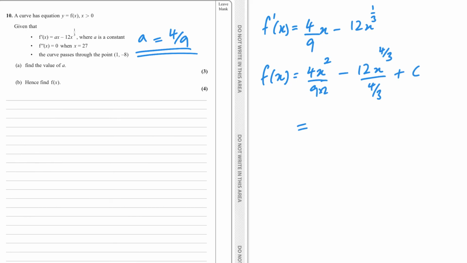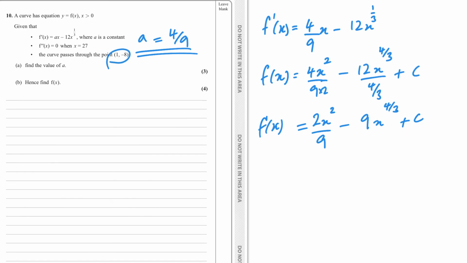So we've got 4 over 18, so that's going to be 2x squared over 9 minus, and then we got 12 divided by 4 and then multiplied by 3, so it's going to give me 9x to the 4/3 plus c. And that's my f of x so far. We need to find c.